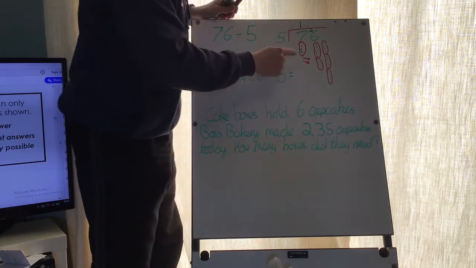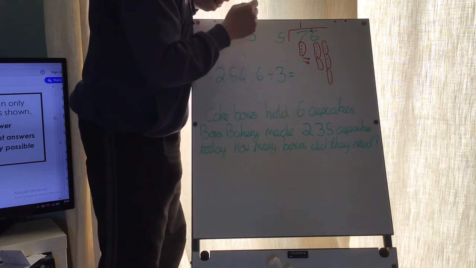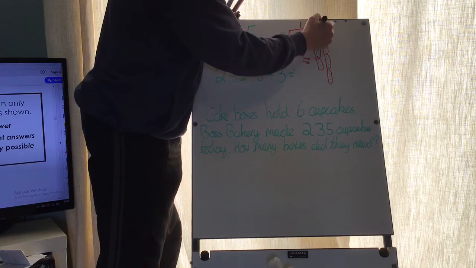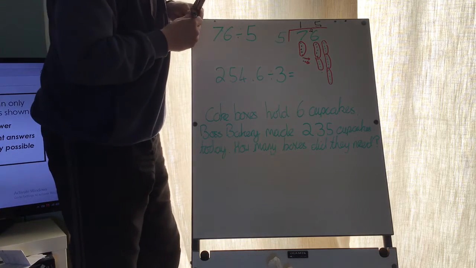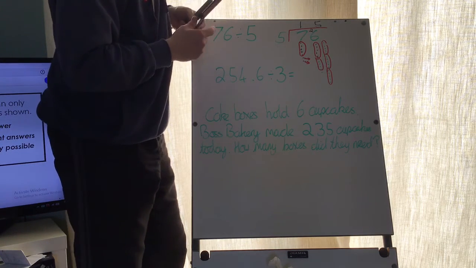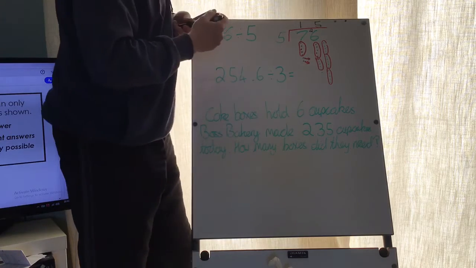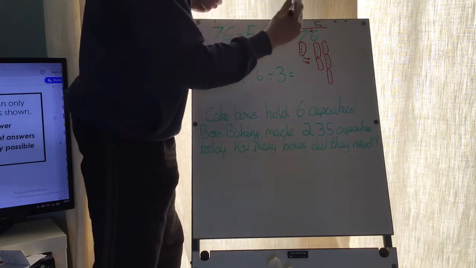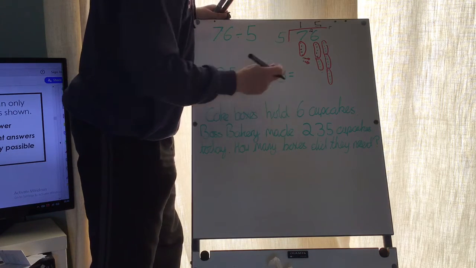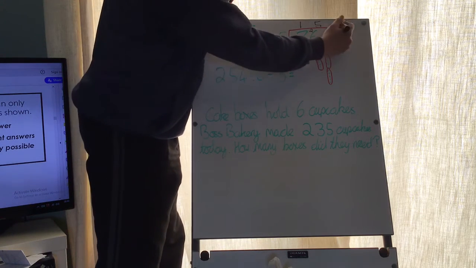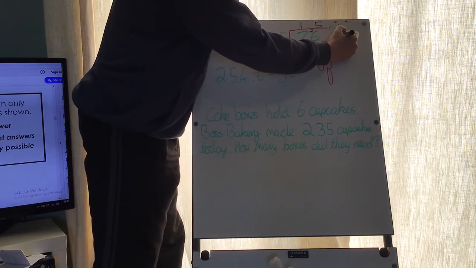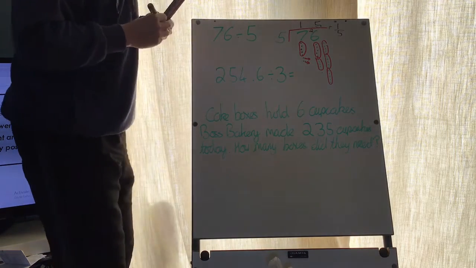So here we've got 1, 2, 3, 4, 5 clear groups, 5 complete groups. So that goes as the quotient, and there's 1 left over, but because there's no more digits, that becomes part of our remainder. Whatever is left over, the remainder becomes the numerator of the fraction, and the divisor becomes the denominator.